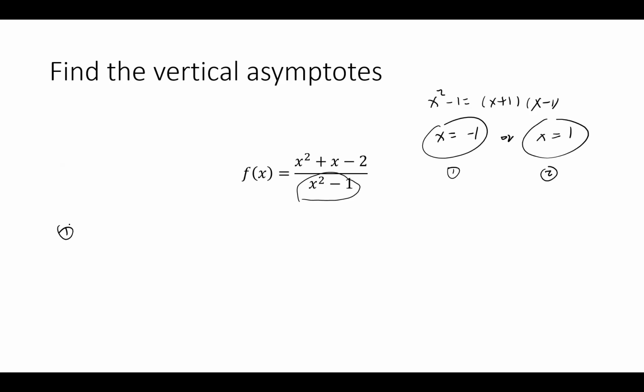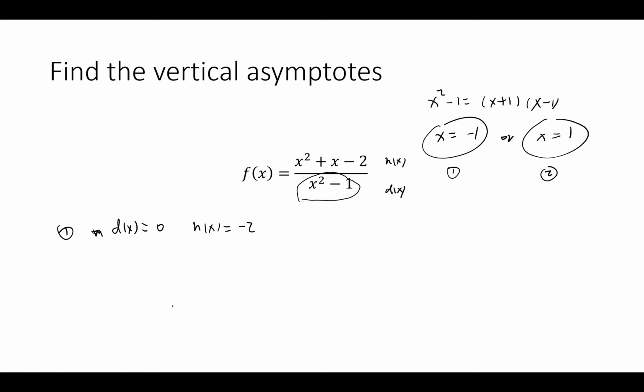For case 1, what if x equals -1? Let's denote this as n of x and this as d of x, just to make it easier to analyze. If x equals -1, then d of x equals 0, and n of x, we just plug in, is -2.